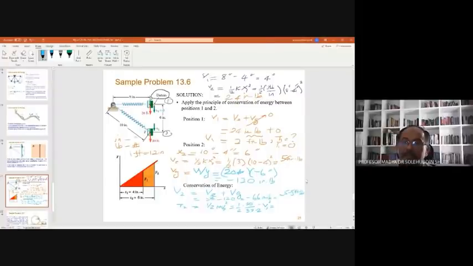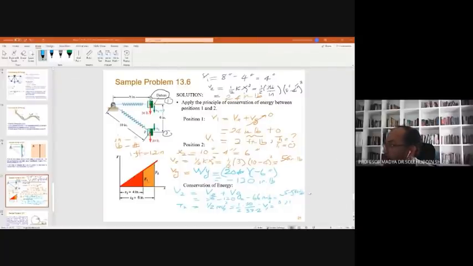Any answer? Nobody try? 0.311 V2 square. 20 divided by 2 divided by 32.2, that is 0.31.